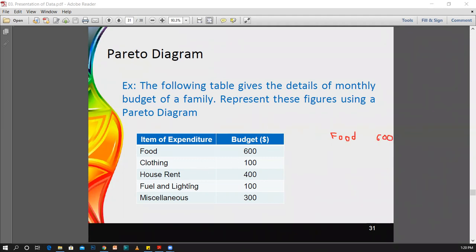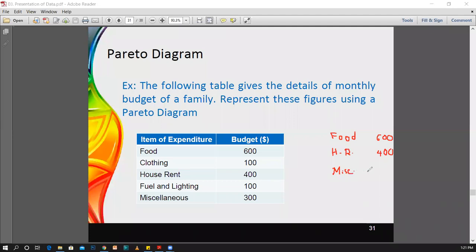Then the next highest value is house rent, which I will write as H.R. For house rent, the budget allocated is $400. Then the next highest value is miscellaneous.